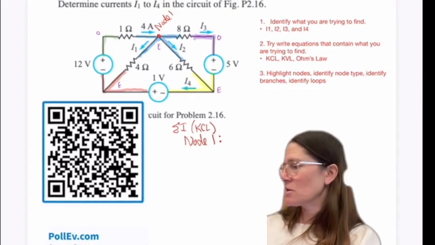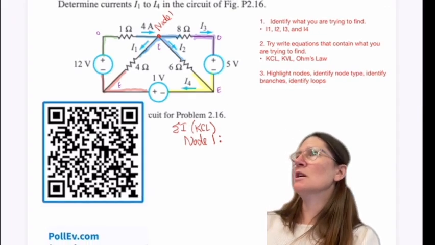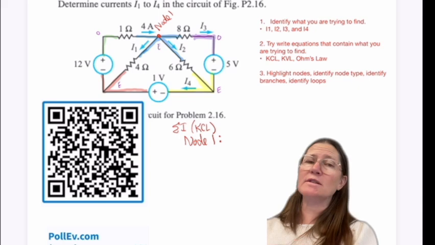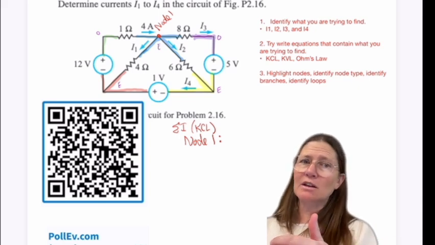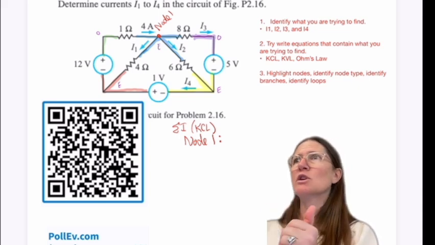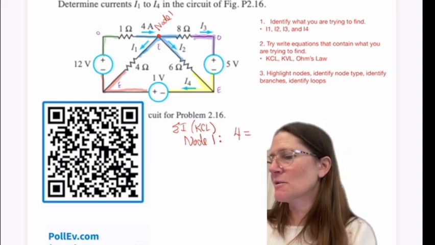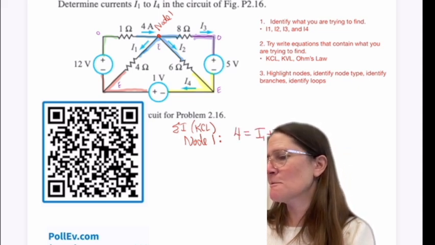So current, identifying that as 4 amps goes in, then I1, I2, I3 go out from that. So this would be 4 is equal to I1 plus I2 plus I3.